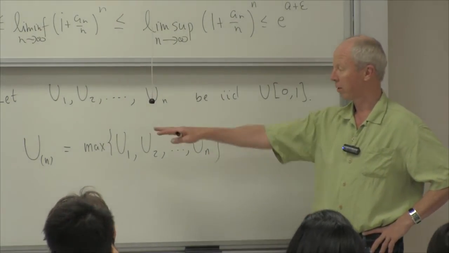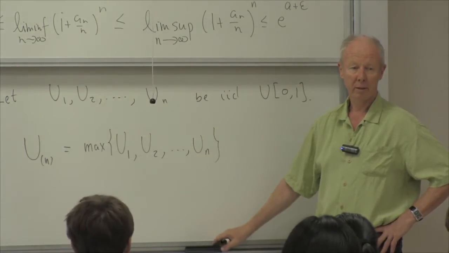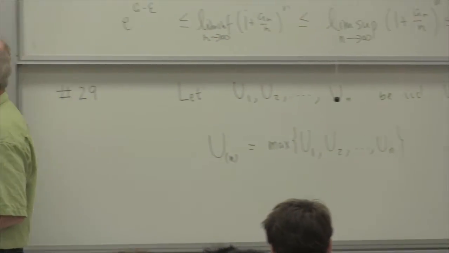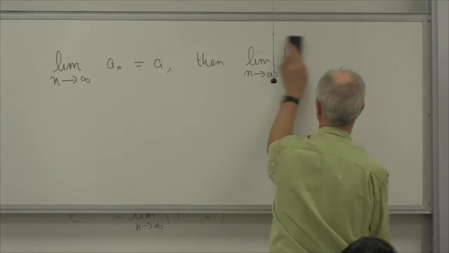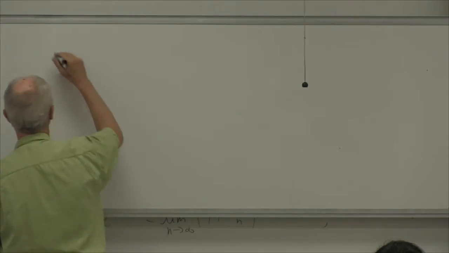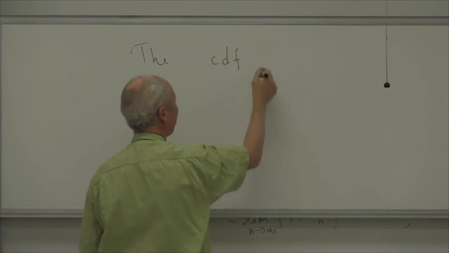And the exercise was to find the CDF, first to find the CDF for this. Okay, so let's find the CDF for that. That was the easy part of the exercise. Does everybody know by now what this stands for?